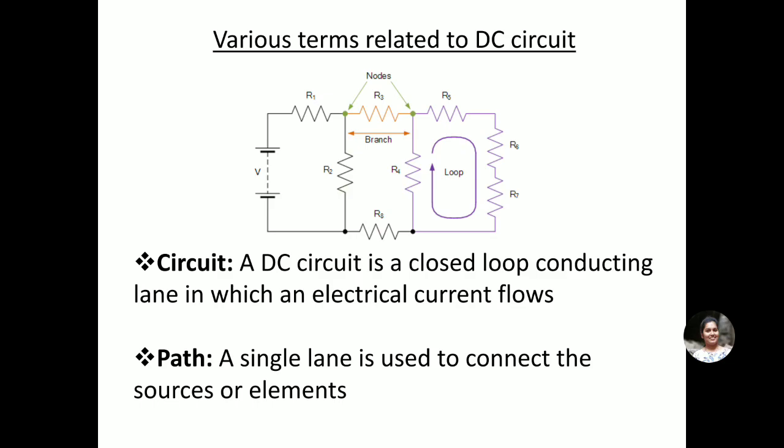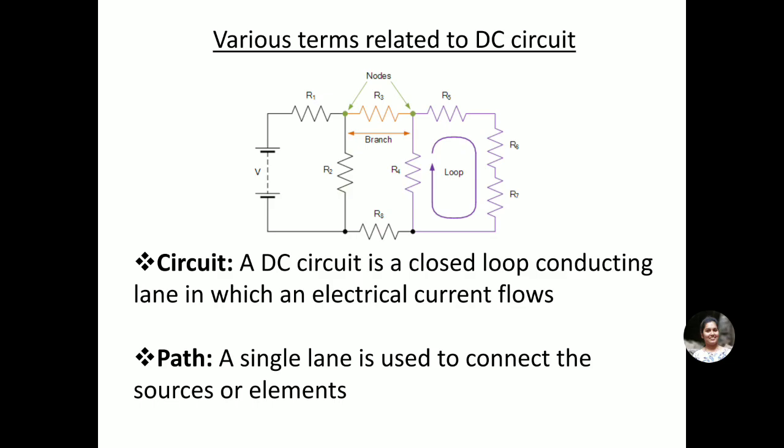The current will be flowing from R5, R6, R7, R4 and again to R5. So the current does not flow again to the same node.